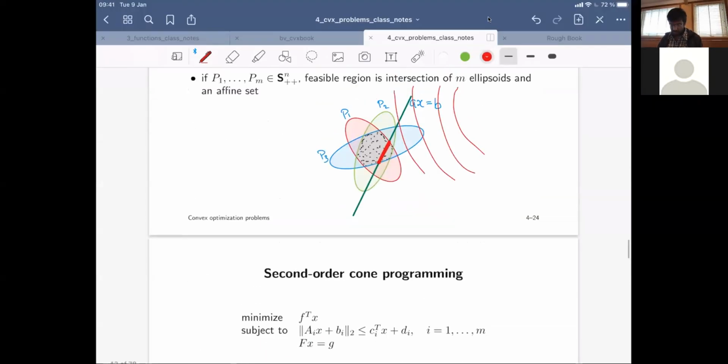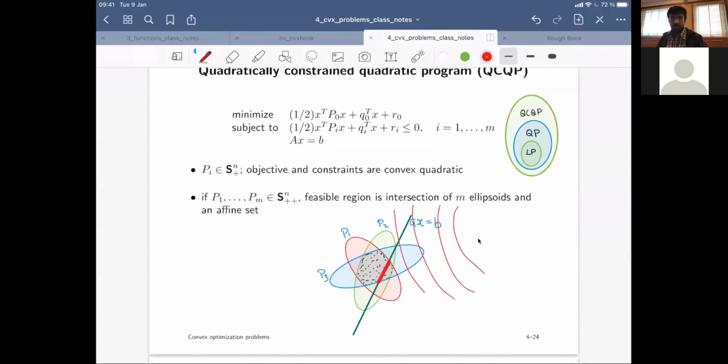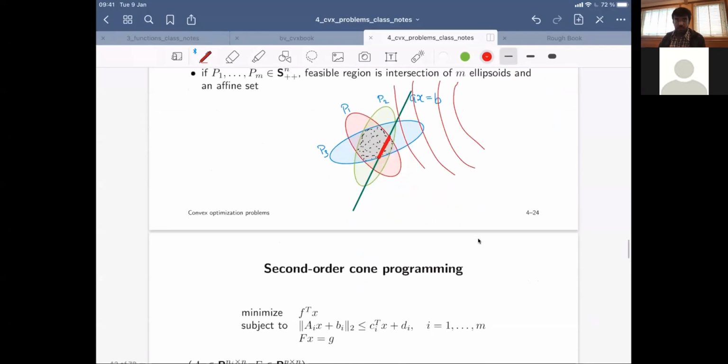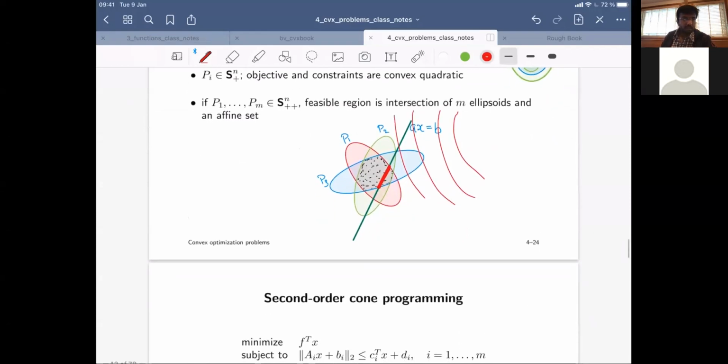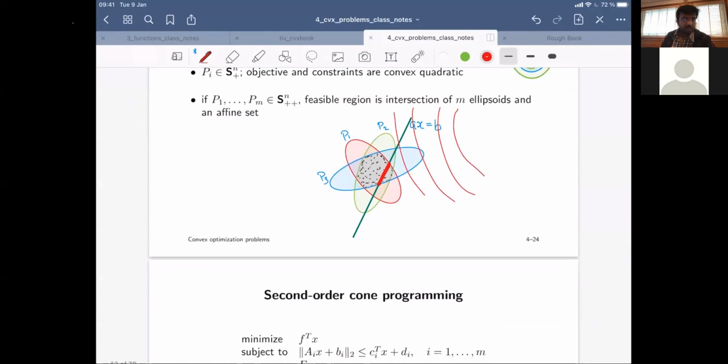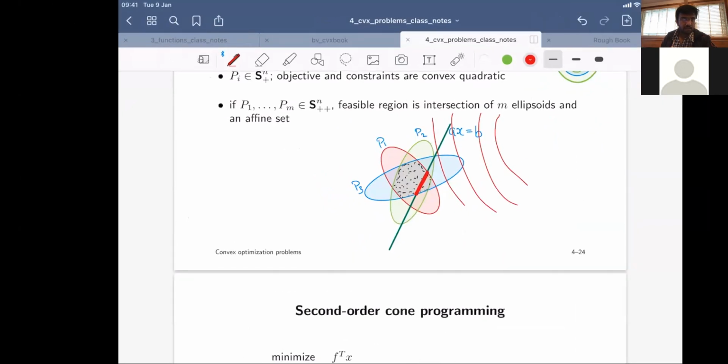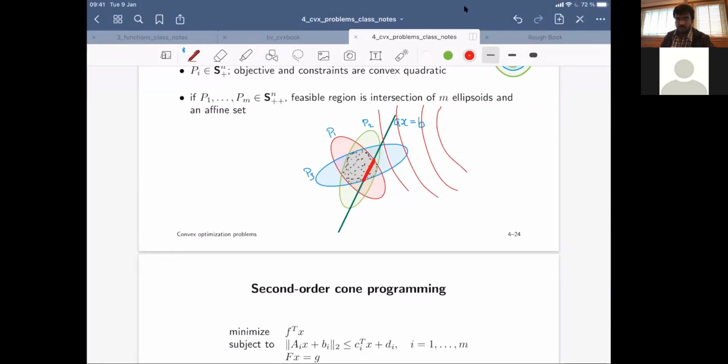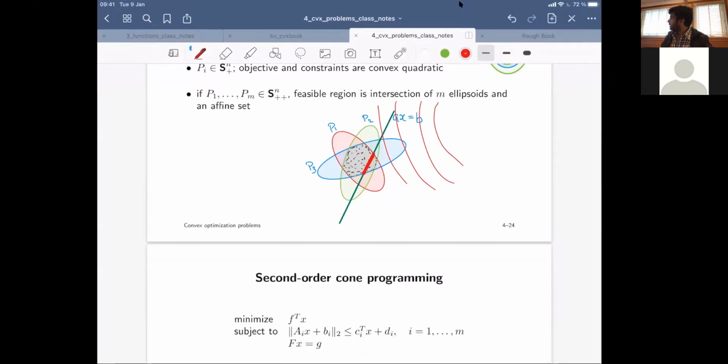So last time we saw what is a QCQP? Yes. One second, let me fix this. Okay.